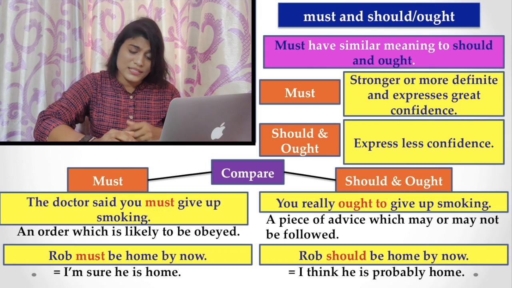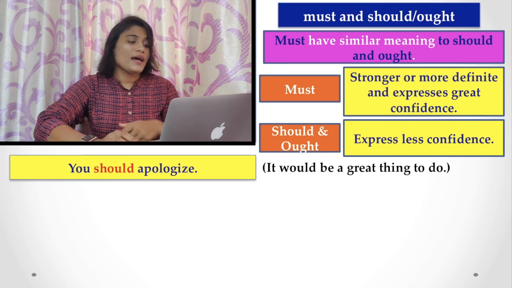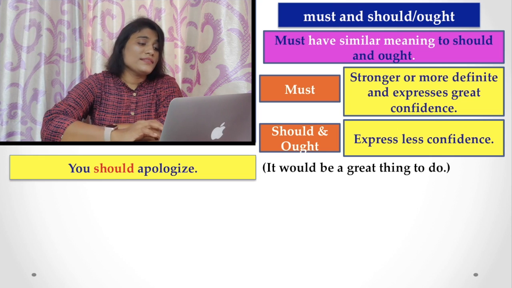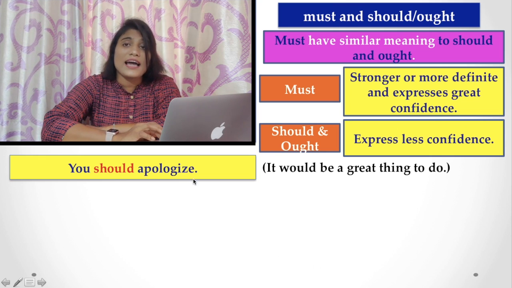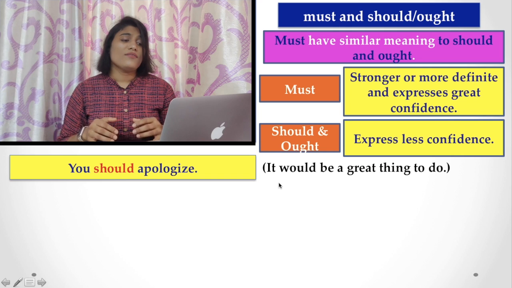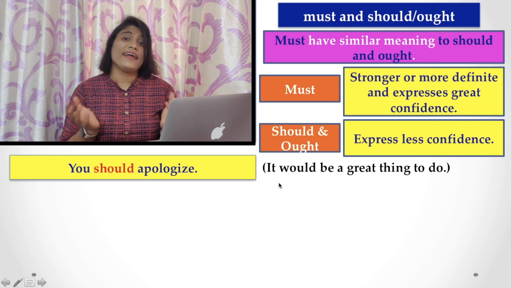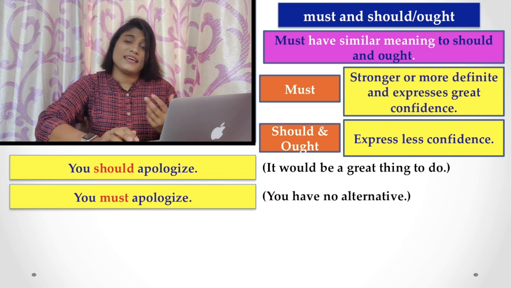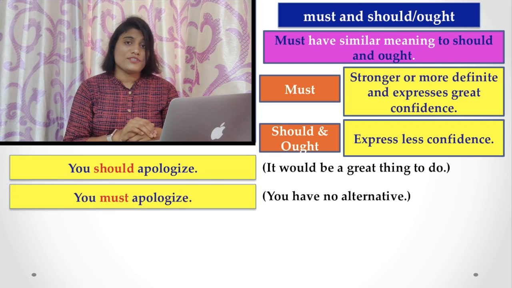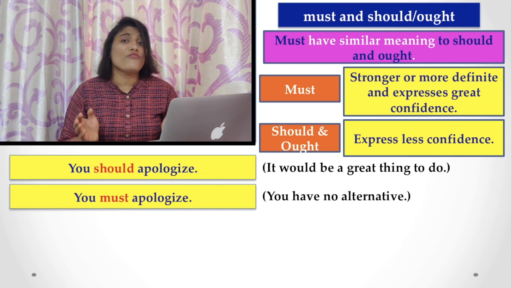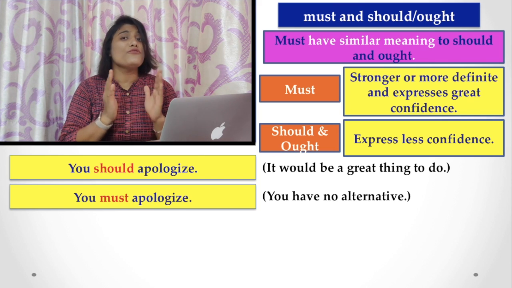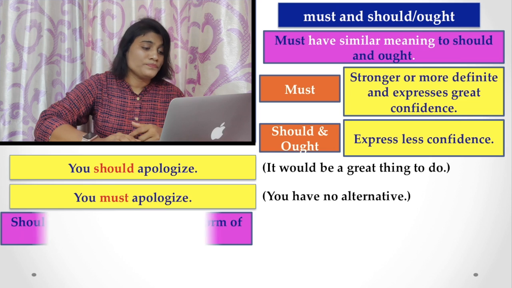Now, one more example: you should apologize. That means it would be a great idea that you apologize. But if I say you must apologize, that means there is no way out. You have to apologize, you have no other alternative.